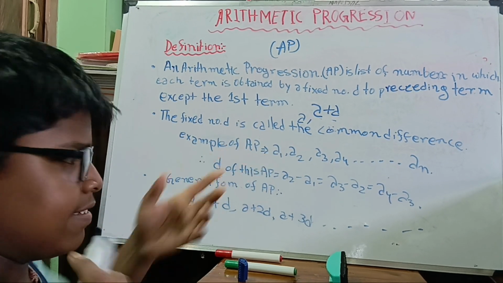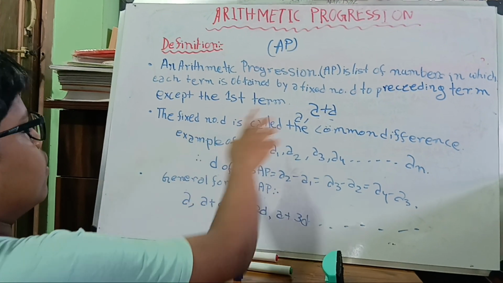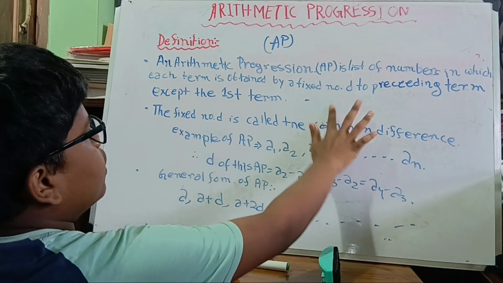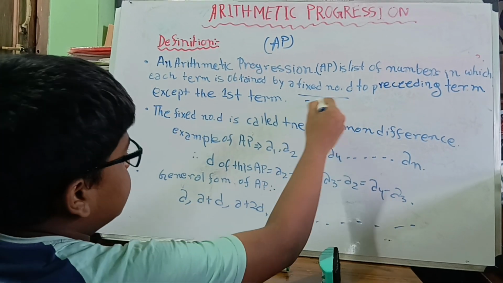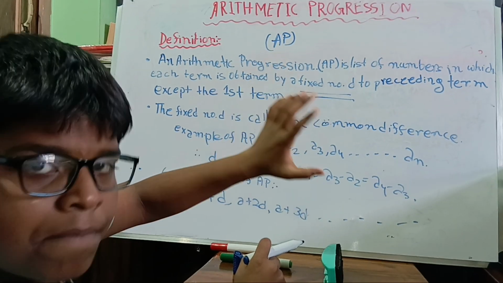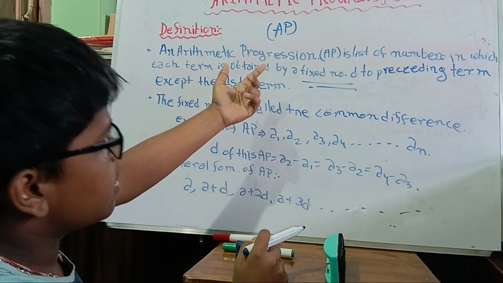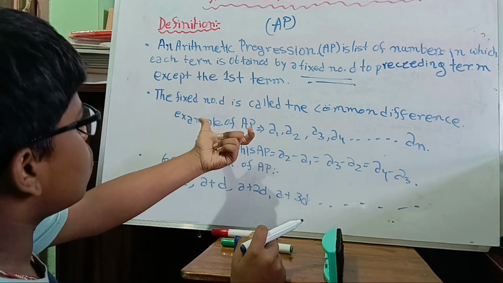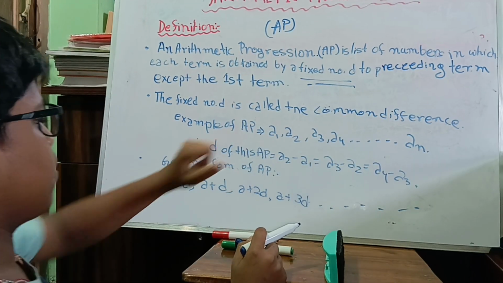Now let's take an example of AP. First we have to understand what this fixed number d is. The fixed number d is called the common difference. The number which we add to the preceding term is known as the common difference.